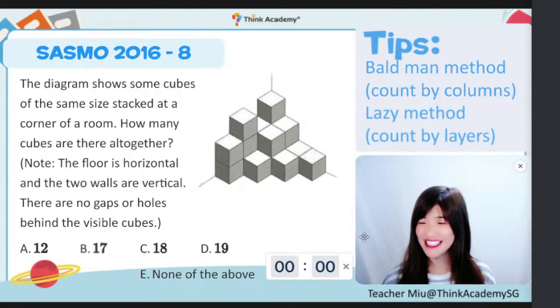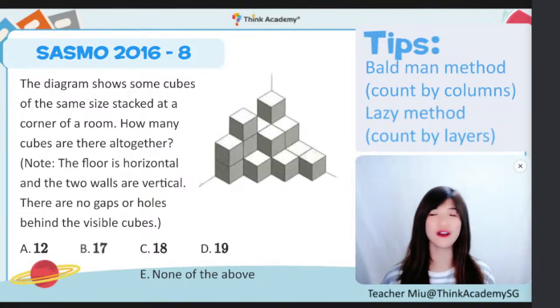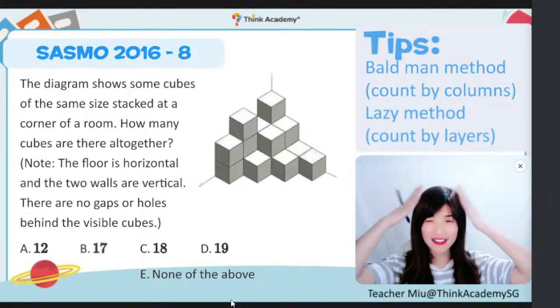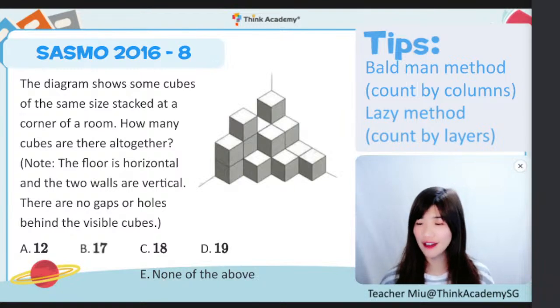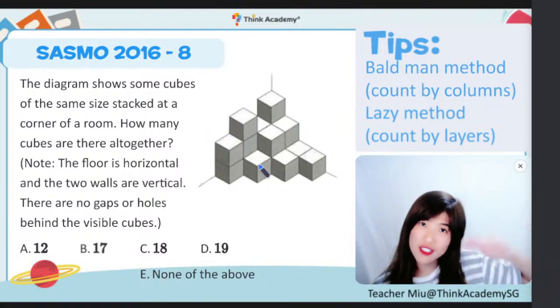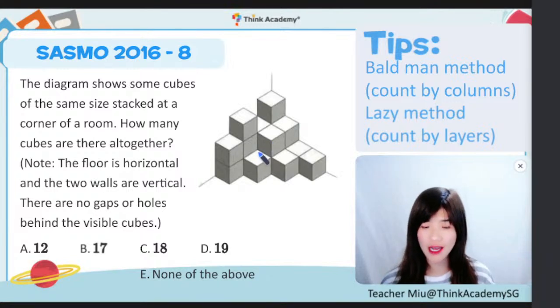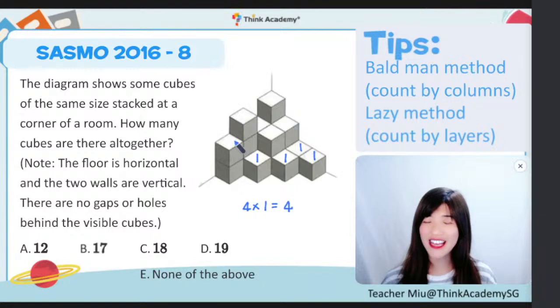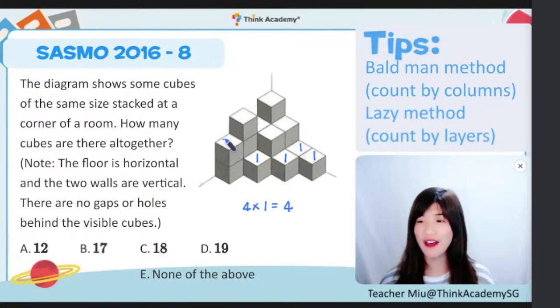Okay, time's up, dear. So for Teacher Miu, actually I like the boatman method. You can just choose the way you like. Let's try the boatman method first. Starting from the shortest tower, label the number on top. So we have 1, 1, 1, 1. We have 4 ones, so 4 groups of 1, that gives you 4. And then for the 2, we have 2, 2, 2, 2.